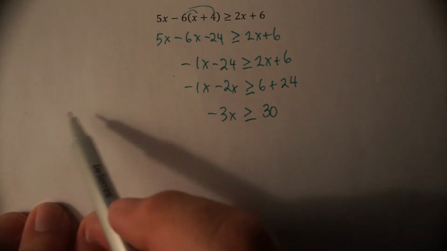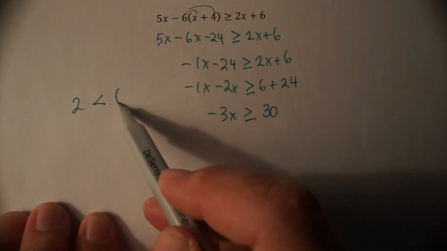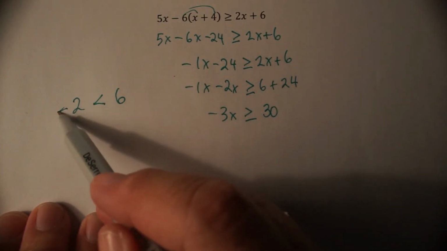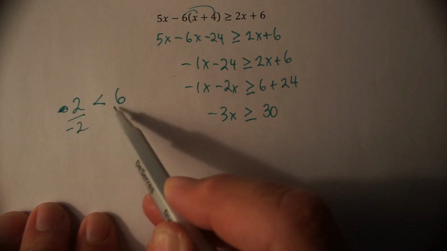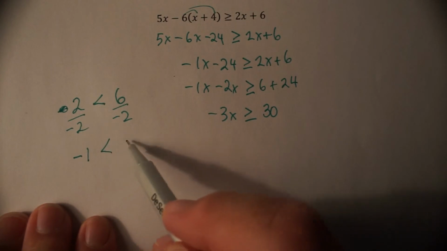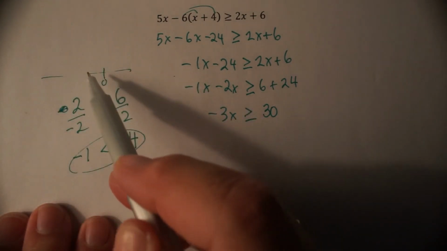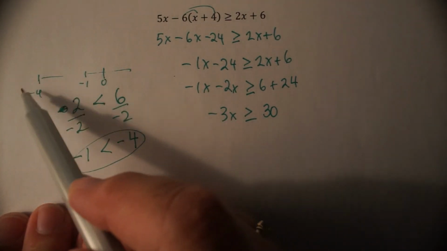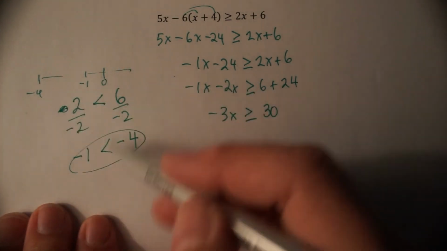Because, of course, if we have a number like 2, which we know is less than 6, and I went to divide both sides of that by negative 2, you'd end up with negative 1 is less than negative 4, which we know it's not, right? Because on the number line, here's negative 1, here's negative 4 down here, it's less, because the bigger numbers in the negatives are actually less. So that's just one little problem.